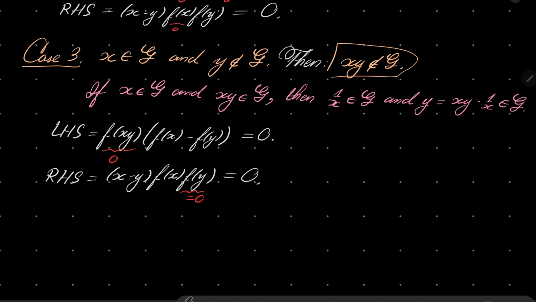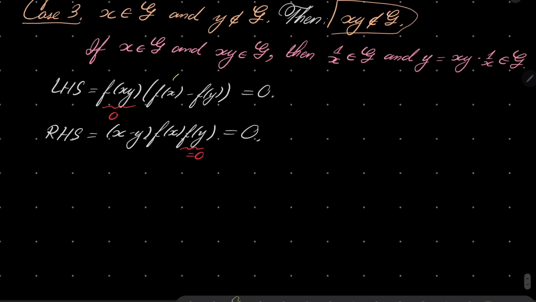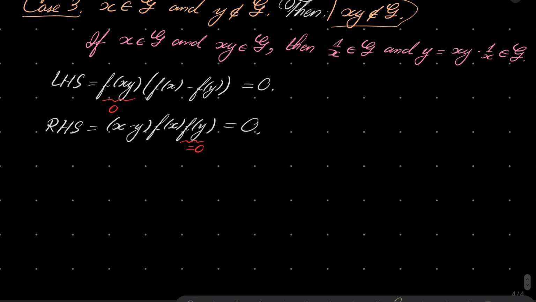And you may wonder about the fourth case, when x is not in G, y is in G, but there is no need to consider the fourth case, because notice that we can change these two elements and these two elements, and we can reduce the fourth case to the third case. Which means that our functional equation is in fact verified, which allows us to write our solution set.